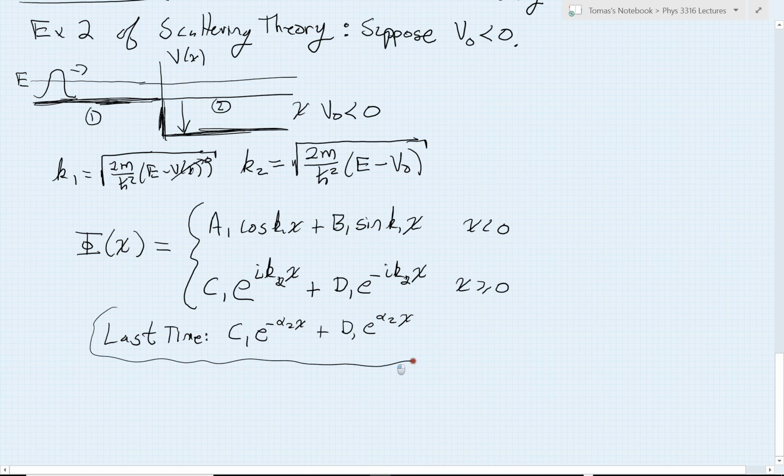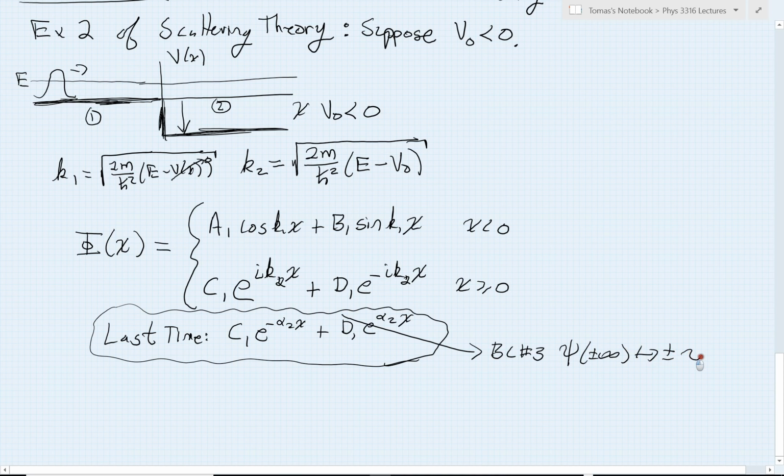Now, last time we started with that as our general solution, but by arguing about boundary conditions, we were able actually to eliminate the possibility of this term using boundary condition number 3, that psi at plus or minus infinity cannot approach plus or minus infinite values itself.